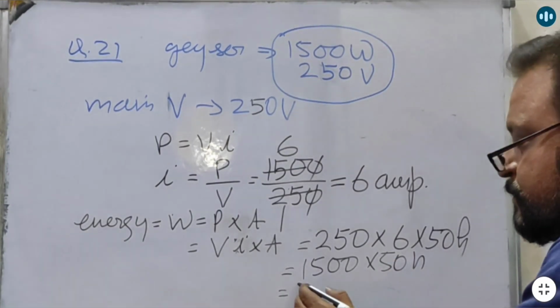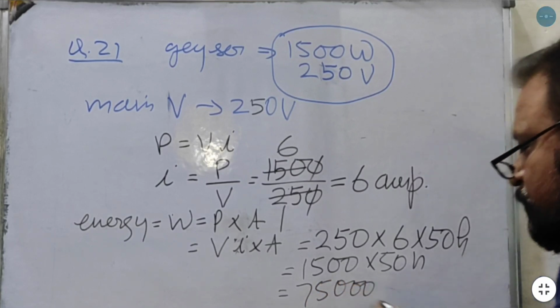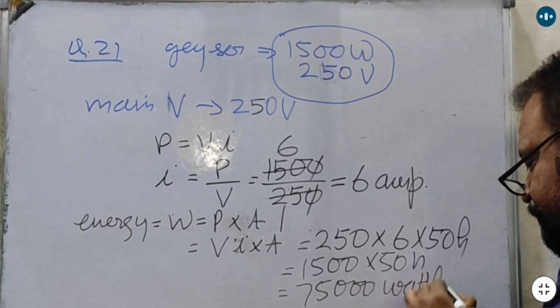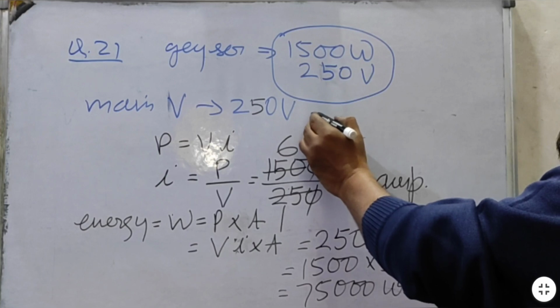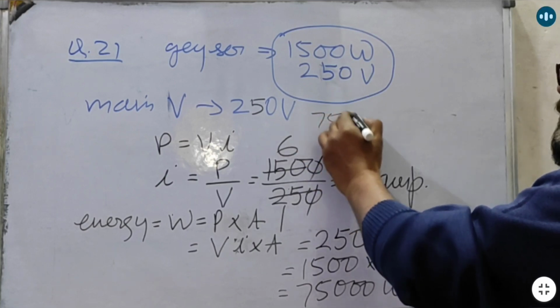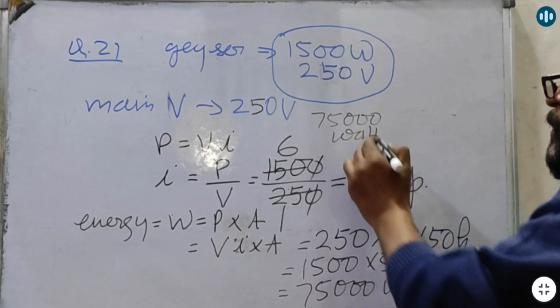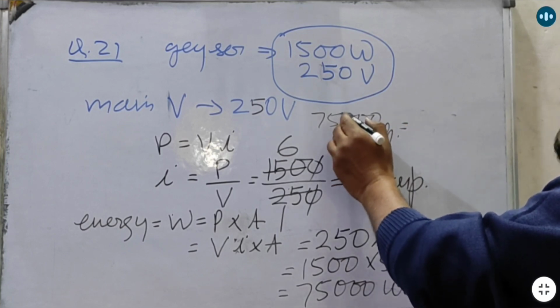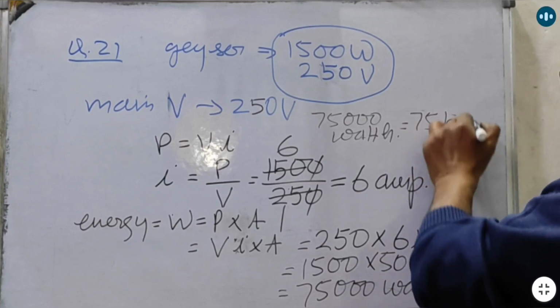So it becomes 75,000 watt hour. This can be written as 75,000 watt hour, which turns into kilowatt, so 75 kilowatt hour.